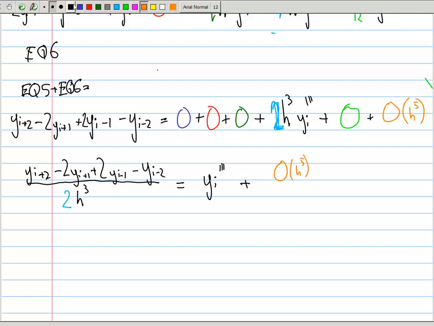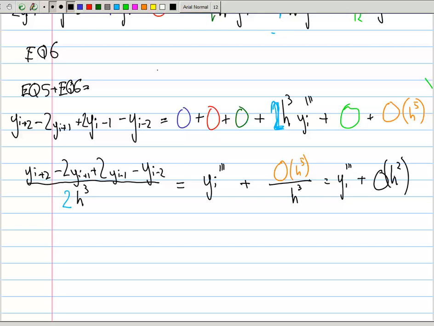Now remember, we ignore any kind of constant, so the 2 doesn't matter, but the h to the 3 does matter. h is the only thing that affects our O term. So the 3 will cancel into the 5, resulting in yi triple prime plus O. 5 minus 3 is 2, so we have O(h squared).